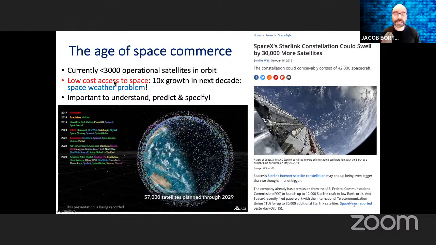Over the past decade, the cost and complexity of getting to space has fallen dramatically, something like a factor of 10. The number of satellites that we are expecting to see in orbit is, of course, a tremendous boon. It's going to be really something that has never been experienced by mankind before, right?